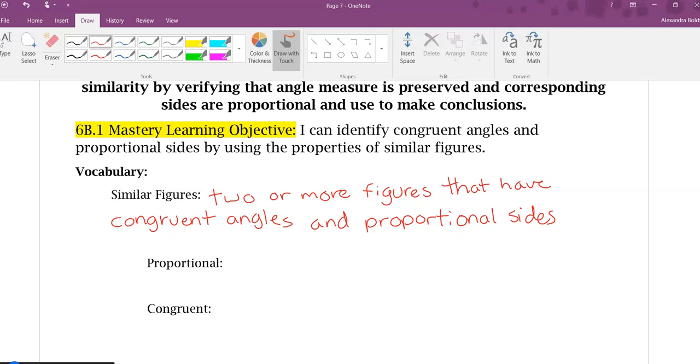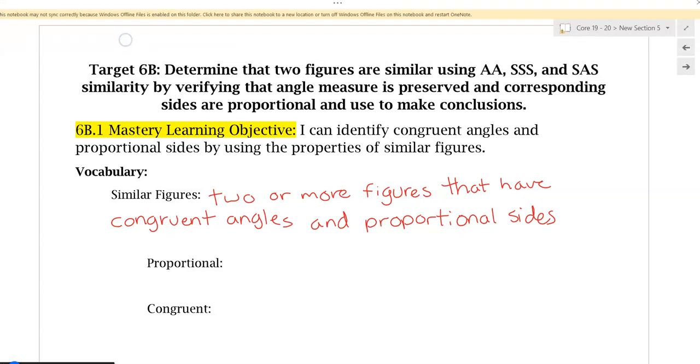They have congruent angles but proportional sides.